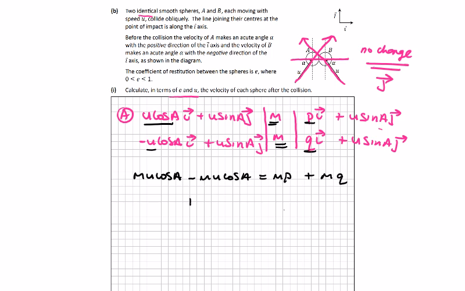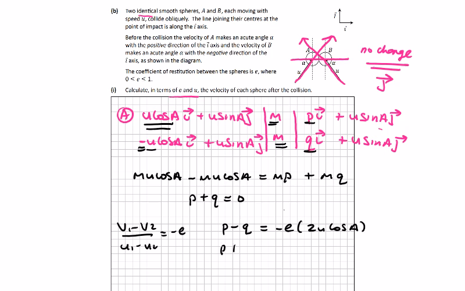So we're going to get P plus Q is equal to 0 in this case for the first one. Then V1 minus V2 over U1 minus U2 is equal to minus E. So P minus Q we can just say is equal to minus E times, and U1 minus U2 is going to be U cos alpha minus minus, so it's going to be 2U cos alpha.